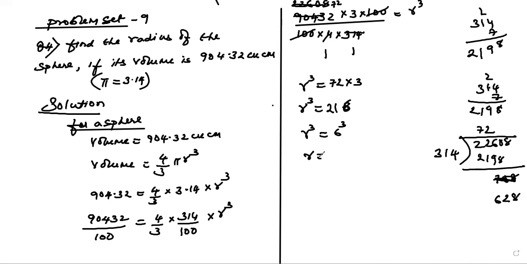So r is equal to 6 centimeter. I wanted the radius, children, and I got the radius as 6 centimeter. Now, what is the answer? Find the radius of the sphere. So it is 6 centimeter. Now we go to the next sum, children.